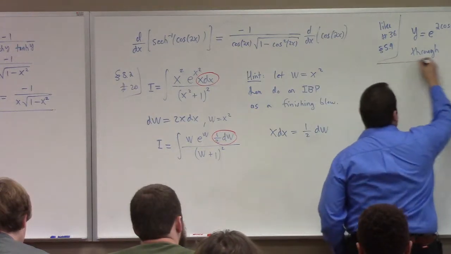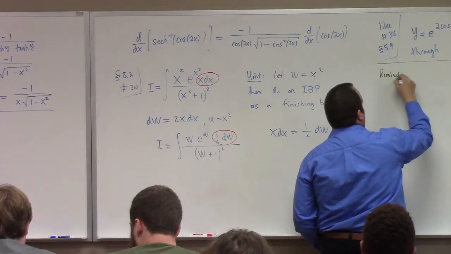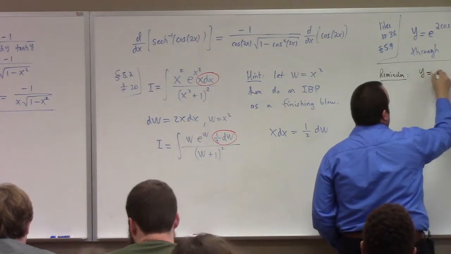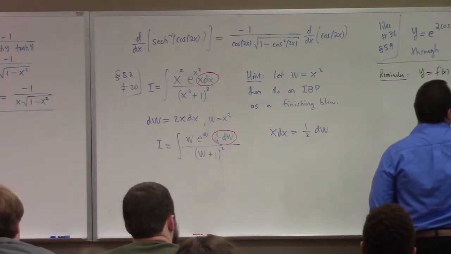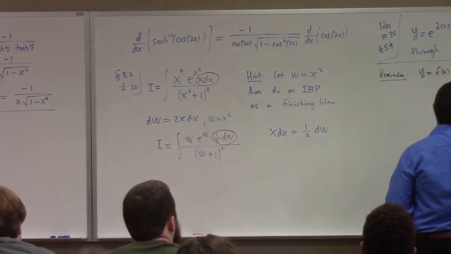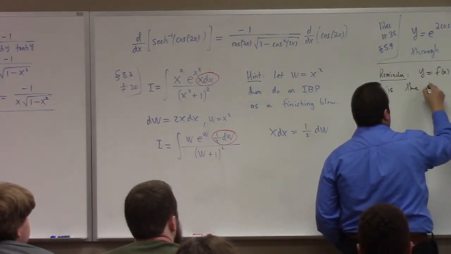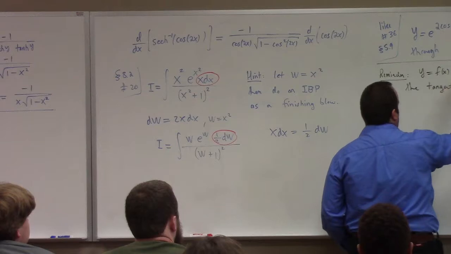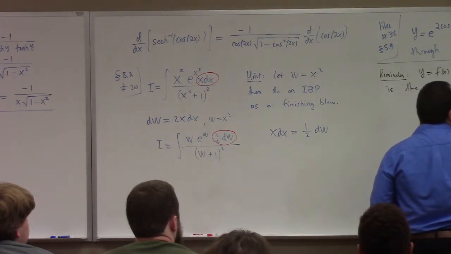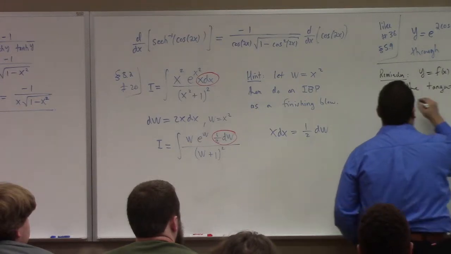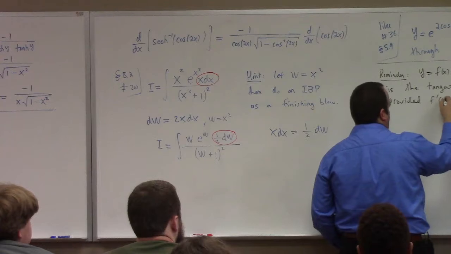So just a brief reminder, for y equals f of x, y equals f of a plus f prime of a times x minus a is the tangent line through a comma f of a, provided, of course, f prime of a exists, right?